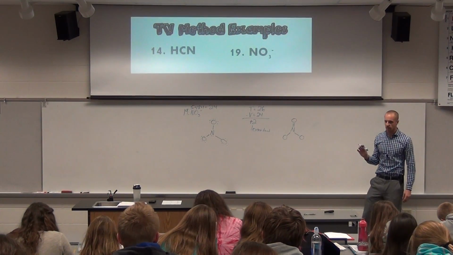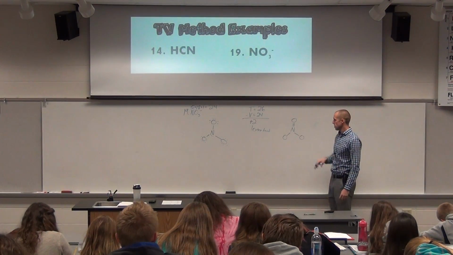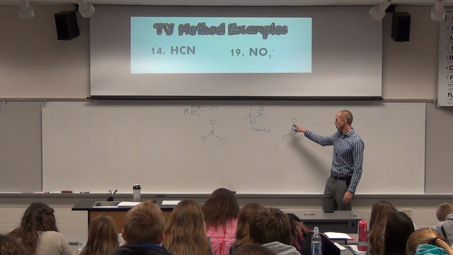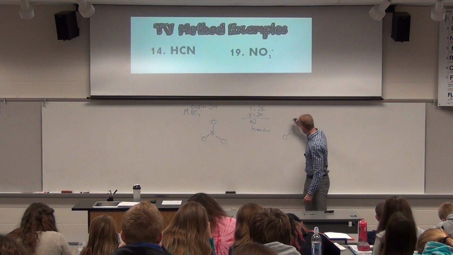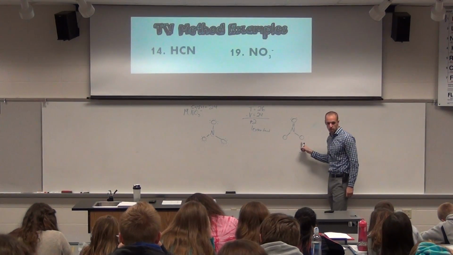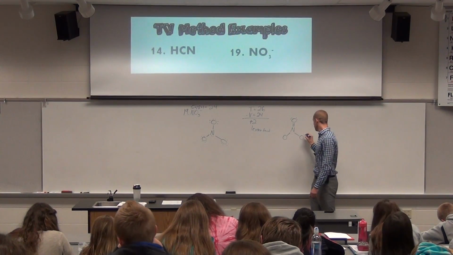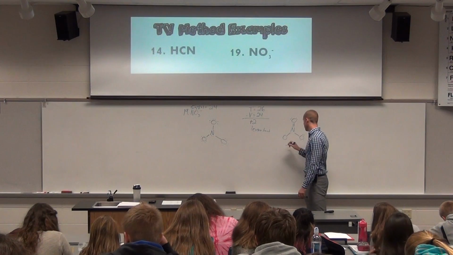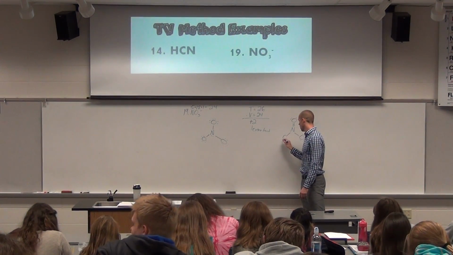Always, always, always the last thing is to fill octets. So how many electrons does that oxygen need? How many more does it need? It needs 4 more. It's 2, 4. We got to put 4 more here. 1, 2, 3, 4. This oxygen needs 6 more. This oxygen also needs 6 more.